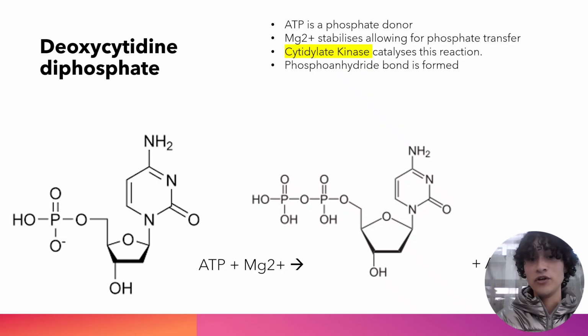So there's now two phosphate groups, and remember we've formed a phosphoanhydride bond. We haven't formed a phosphoester bond, which is between the alpha and beta phosphates. The phosphoester bond is formed between the alpha phosphate and the deoxyribose sugar itself.